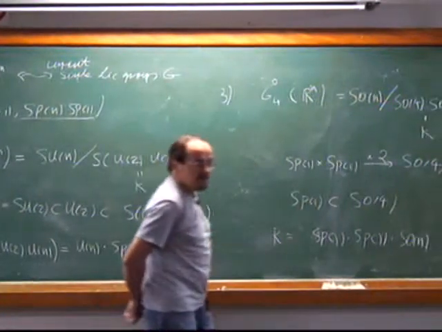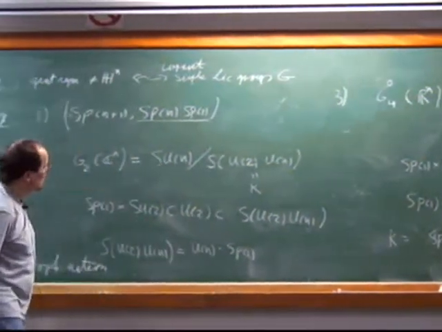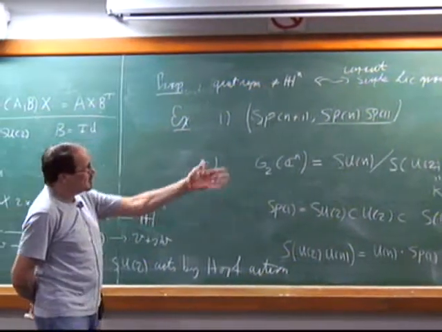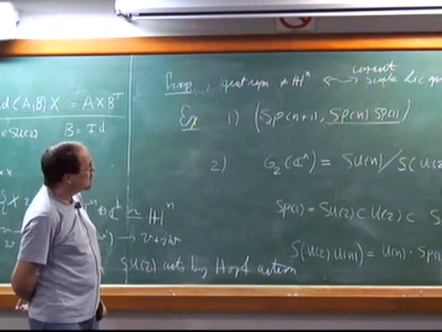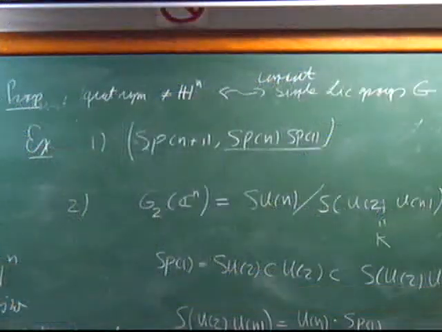These are the compact simple Lie groups for the classical groups. So I gave you each quotient that is quaternion symmetric. Then for each one of the 5 exceptional Lie groups, there's again a quotient which is quaternion symmetric, and that's the full list.